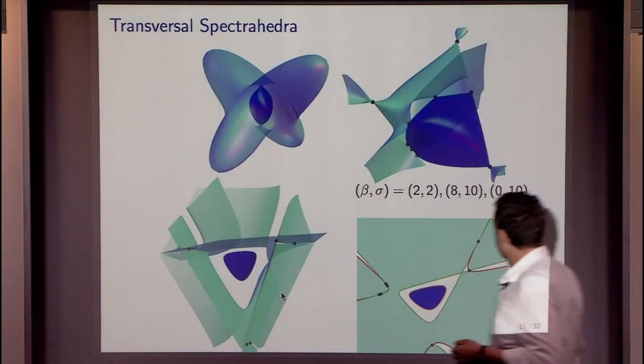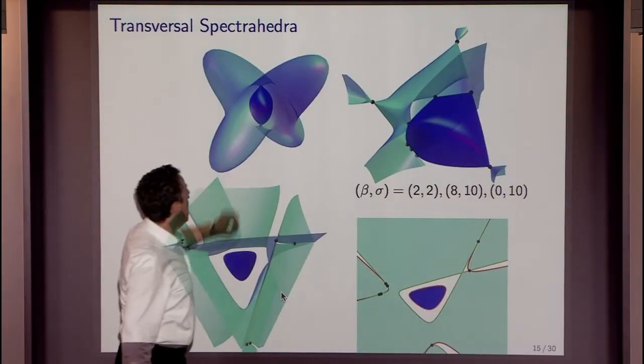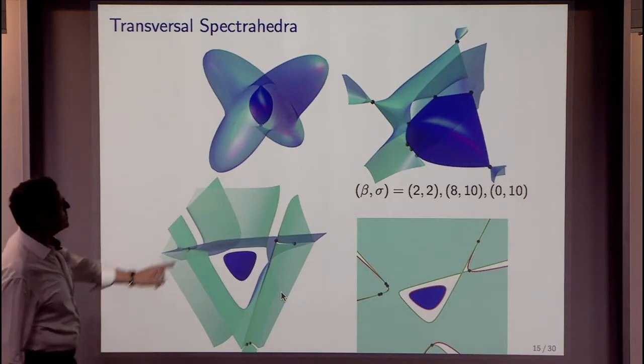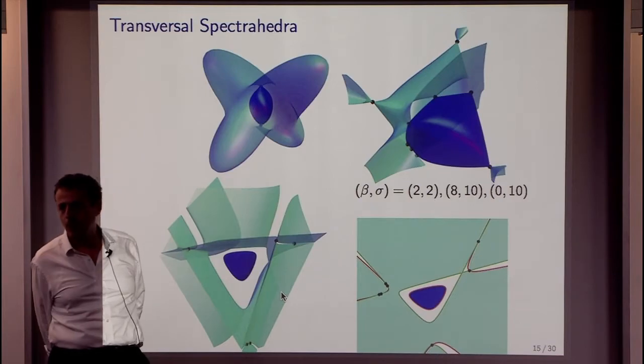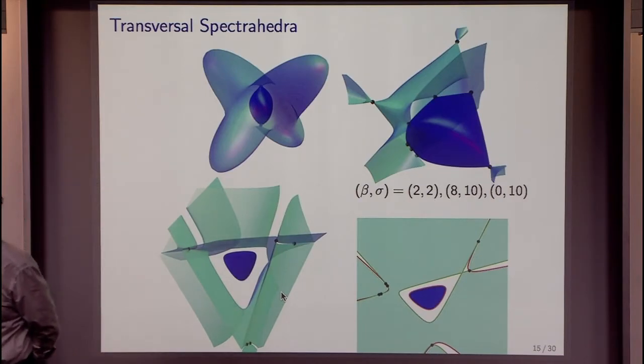Okay, so here's a picture gallery. For example, here's a spectrahedron of type 2,2. This egg is a spectrahedron, it has 2 nodes, and both of these nodes are on the spectrahedron. The dark blue is the spectrahedron, and the light blue is the rest of the symmetroid.